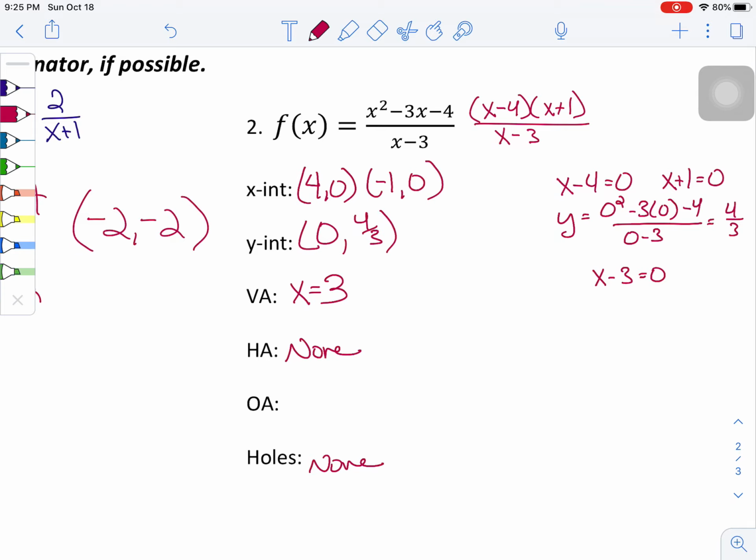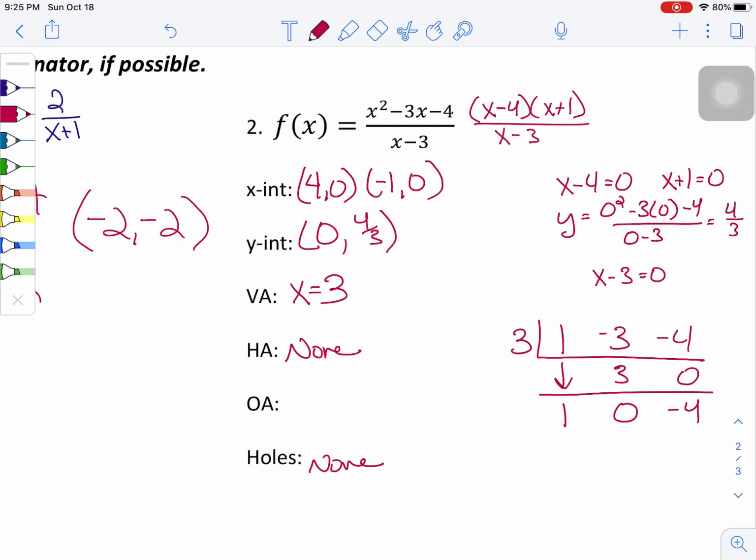Now, how am I going to find that oblique asymptote? I am going to do synthetic division. So I'm going to take the x minus 3 that I'm dividing by, and I'm going to use positive 3 in the synthetic division. And I want the coefficients of that second degree polynomial in the numerator. So coefficient of x squared is 1, coefficient of x is negative 3, constant is negative 4. Little workspace here: drop, multiply, add, multiply, add.